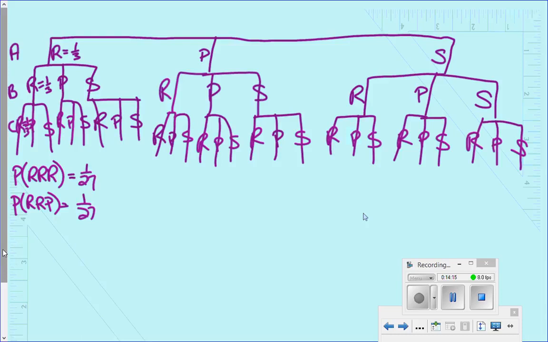If I wrote each one of those options out, that is called the sample space. A sample space is a list of all possible options or outcomes.